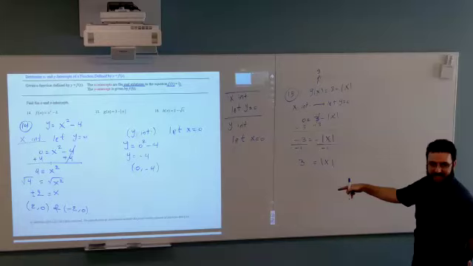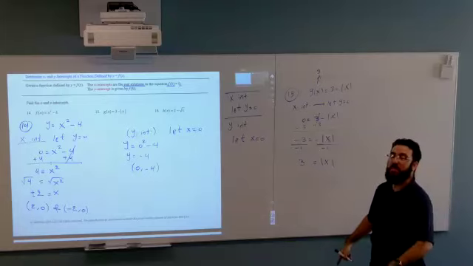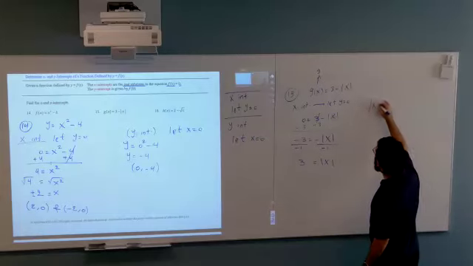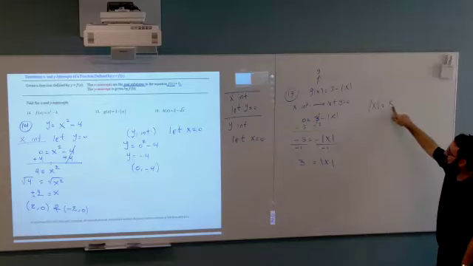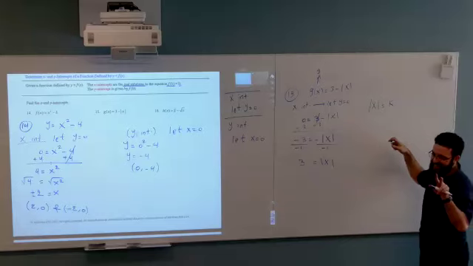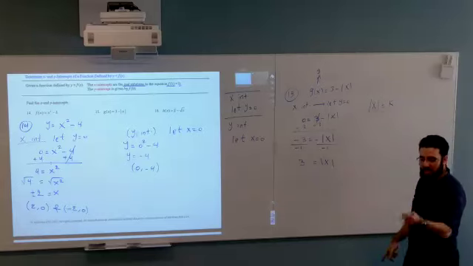How are we going to solve this one? It's not a minus, it's a plus or minus. You remember when I told you the absolute value of x equals k? If k is positive, we're going to get 2 solutions.